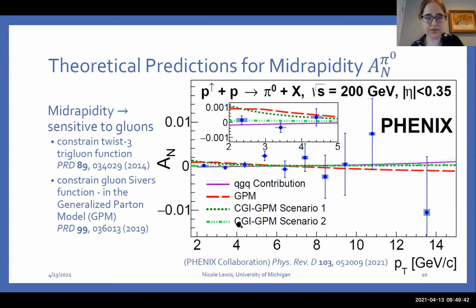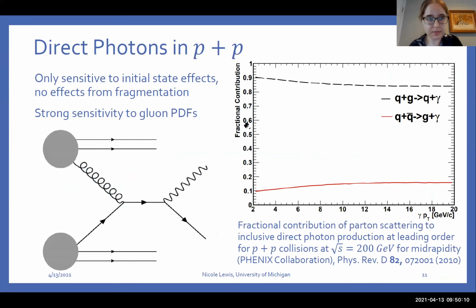And then the other 2 curves are in the color gauge invariant generalized parton model, which sort of expands on this model and includes a 1 gluon exchange in both the initial and final state. And so there are 2 scenarios that maximize and minimize the asymmetry. And you can see that we have the statistical precision to distinguish between these 2 scenarios at lower pT, favoring scenario 2.